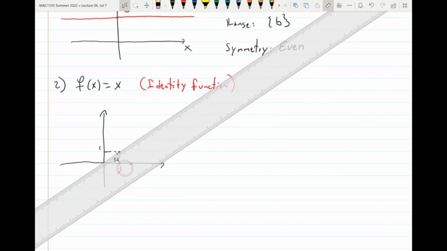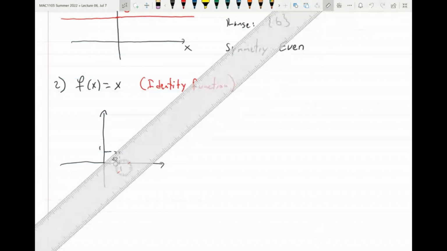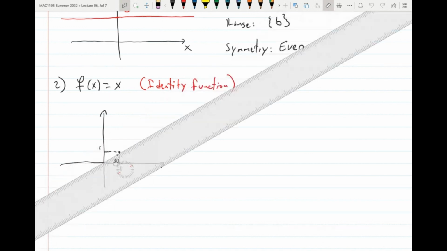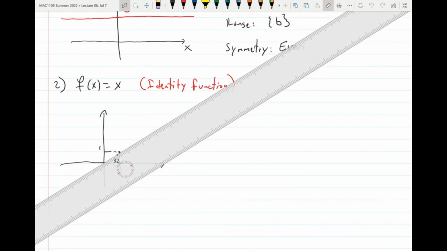Okay, so my axis is not good. This is supposed to be 45 degrees, but anyway, by just saying that that's 1, 1, that's good enough. Remember, when we're graphing here, really we're sketching the graph.